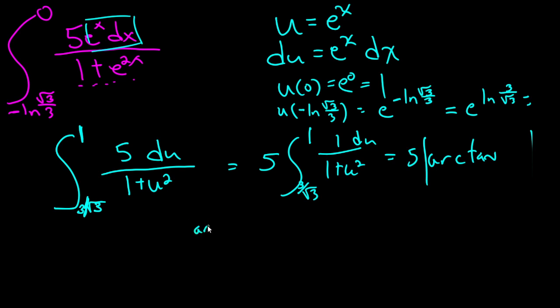And so arctangent 1 minus arctan 3 over root 3, all times 5.